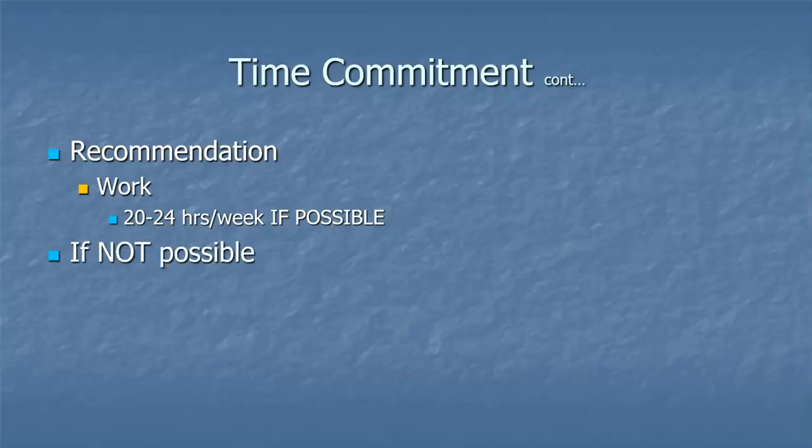If that's not possible, maybe you're the only person who is bringing income into the family, or you're single, or whatever. There's various reasons that people have to work 40 hours a week. And I absolutely understand that. But work is not an acceptable excuse for missing schoolwork.